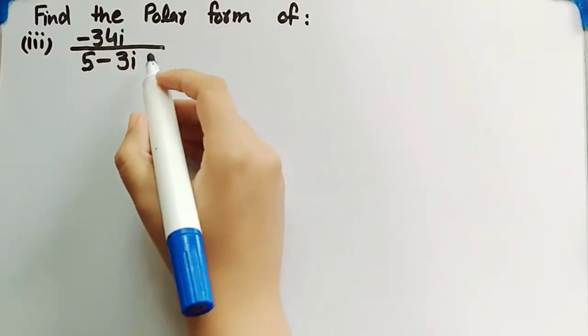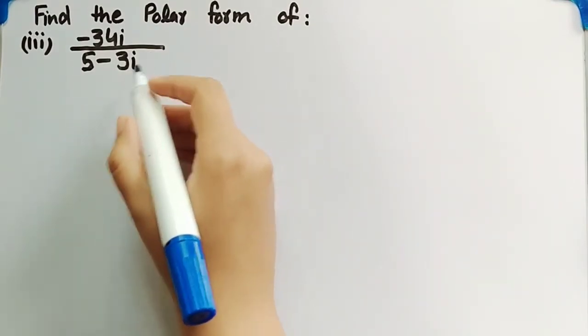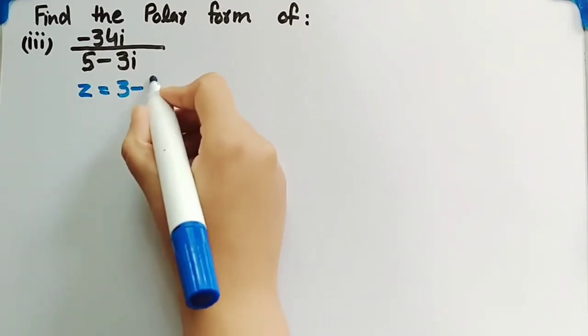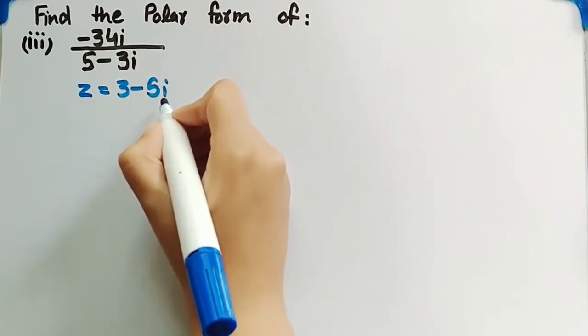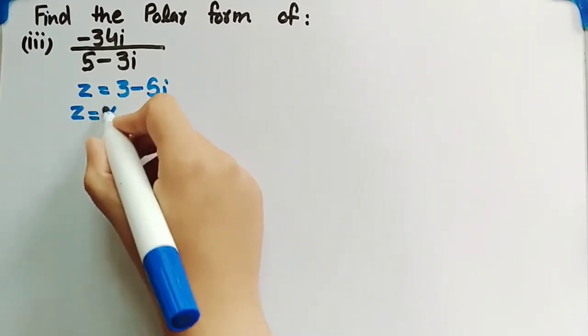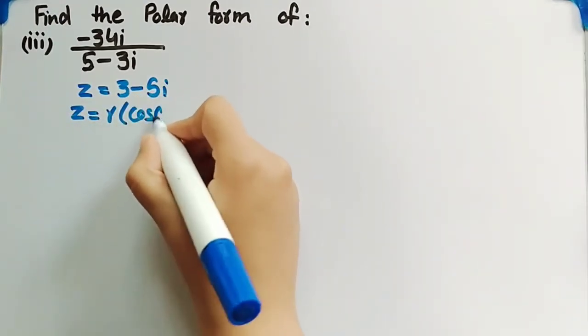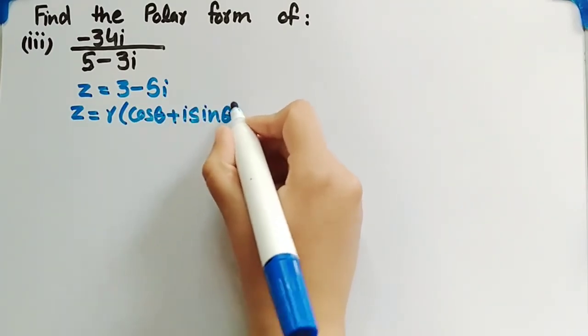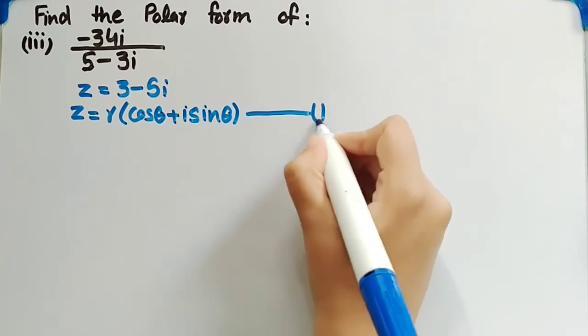After simplifying this expression, we got the complex number z equal to 3 minus 5 iota, and we know that the polar form of the complex number z is equal to r (cos theta plus iota sin theta). Let it be named as equation number 1.